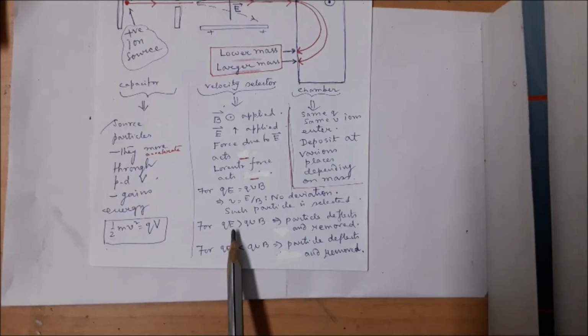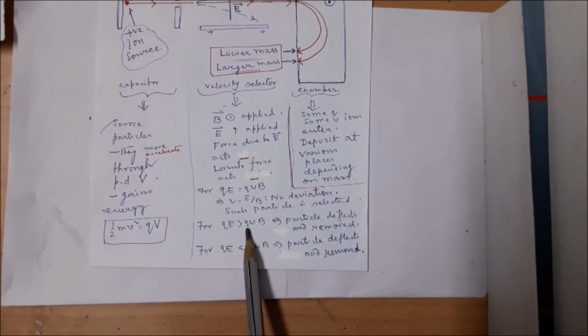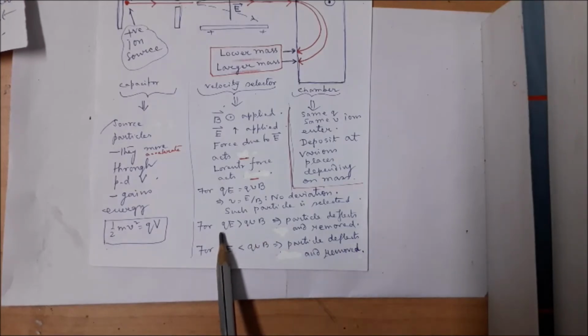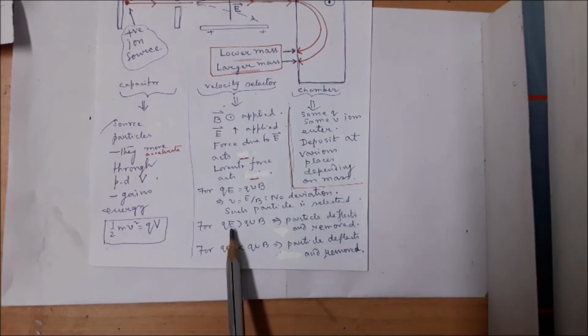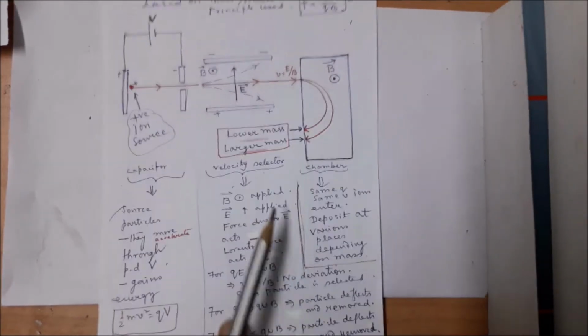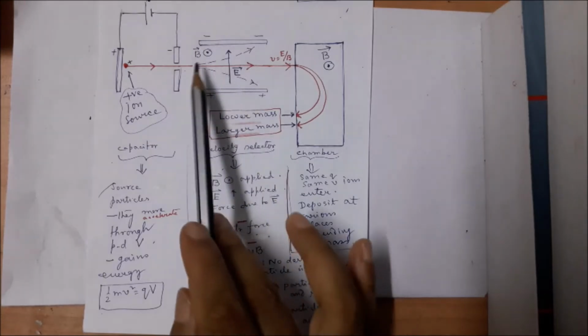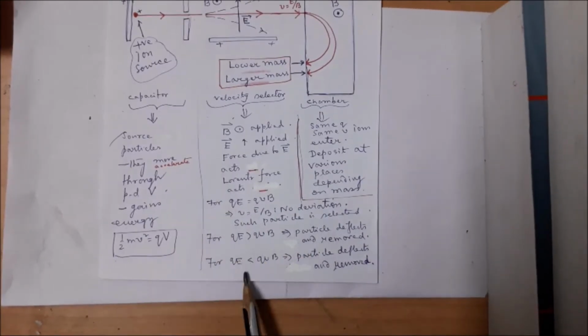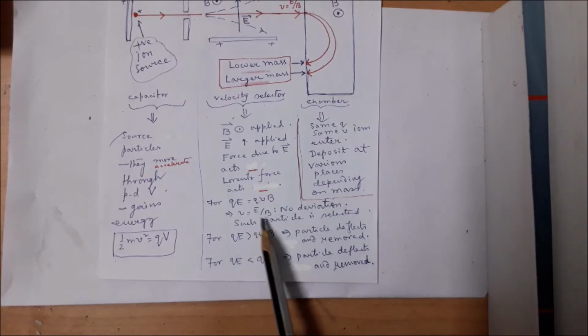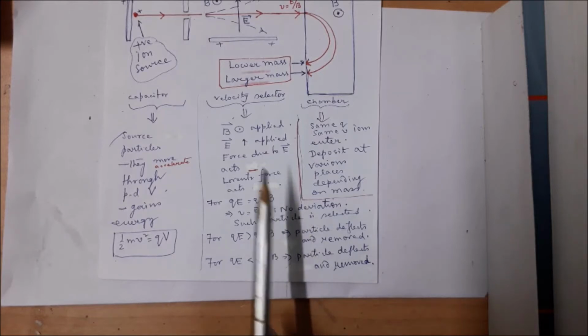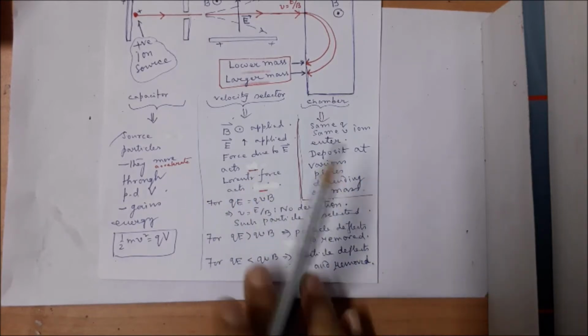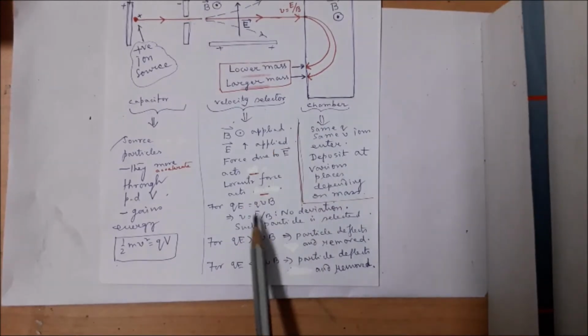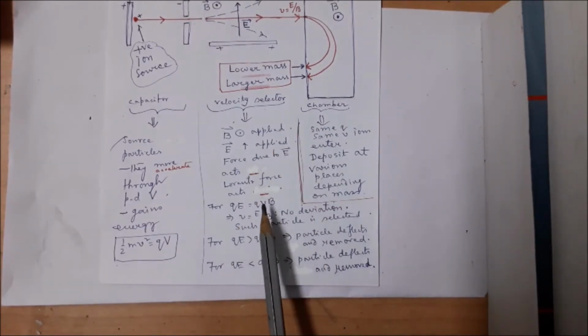For qE greater than qVB, the Coulomb force dominates and particles are deflected towards the negative plate. So, they are removed from the beam, and they have V less than E by B. Now, mind it, we are speaking of positive ions and not electromagnetic radiation, and so V greater than E by B is possible.